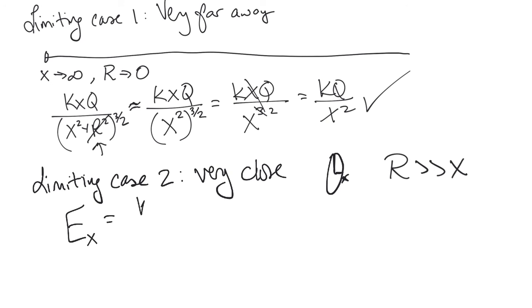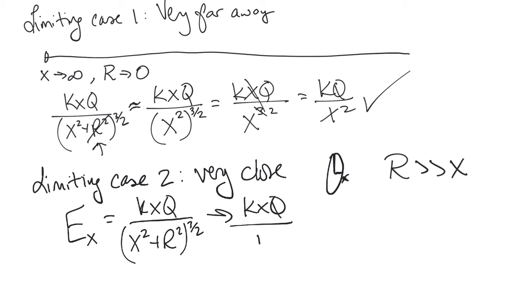And that's going to go to kxQ over R cubed. It's a rough approximation, since you're comparing x squared to R squared; there are more robust ways of doing these approximations, but this gets the general gist. What that shows you is that it goes as x, so it's linear.